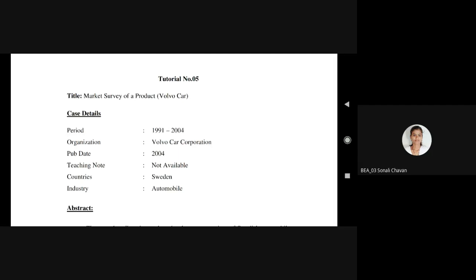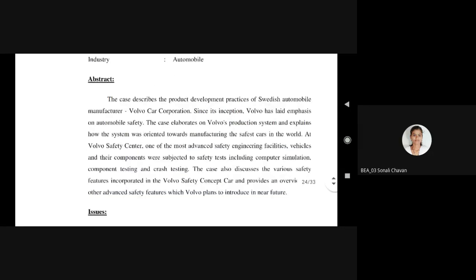So the basic information we have taken over here. Period 1991 to 2004, organization Volvo Car Corporation, who is the manufacturer of that. Pub date 2004, teaching note not available, country Sweden, industry automobile. Only a sample they have taken here.